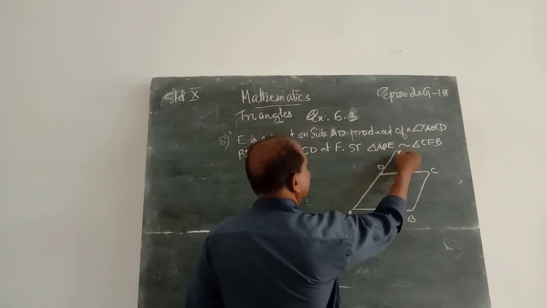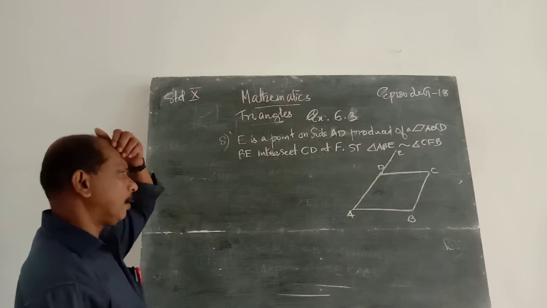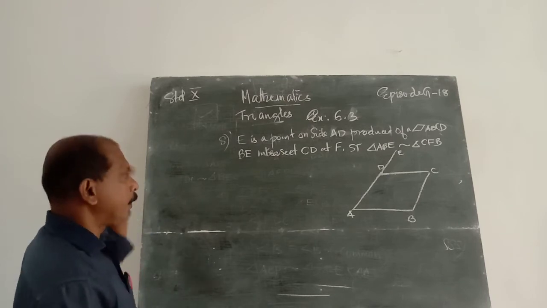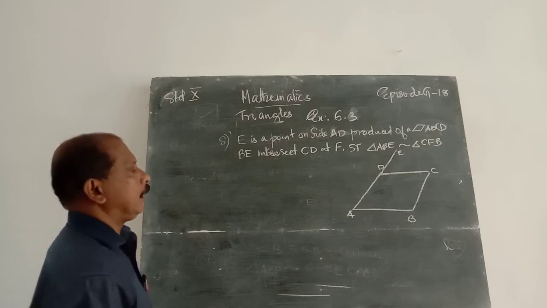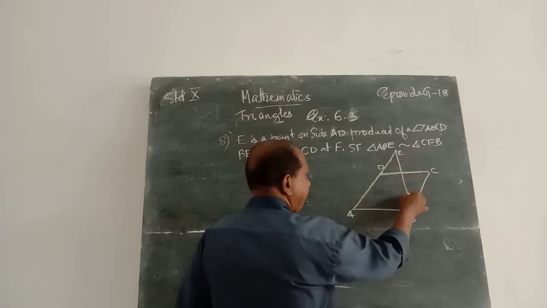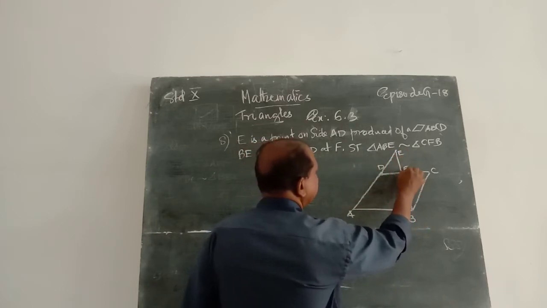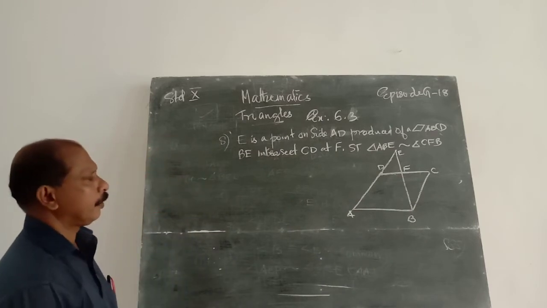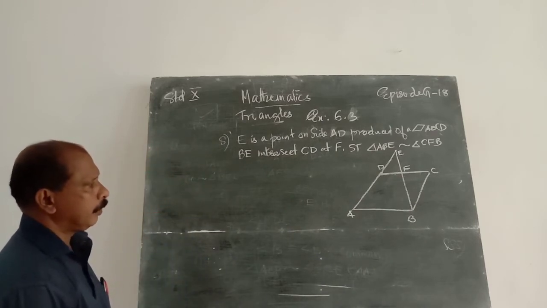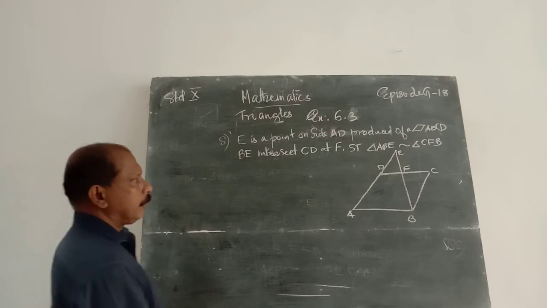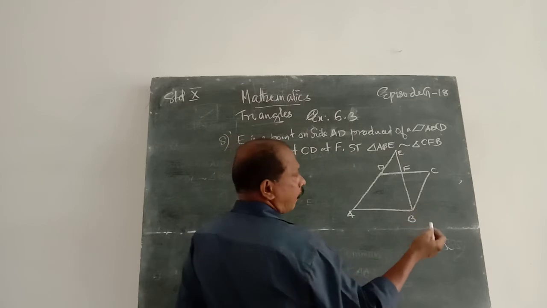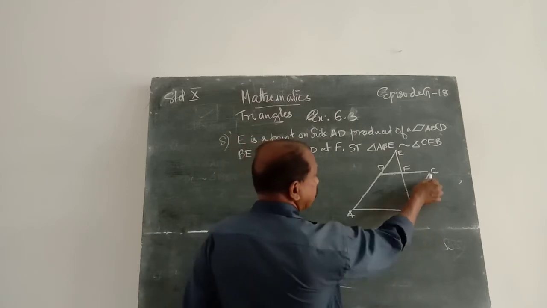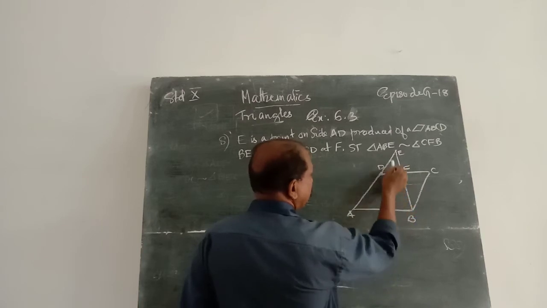That is E. In parallelogram ABCD, BE intersects CD at F. Show that triangle ABE, that is this triangle, is similar to triangle CFB. That means these two triangles.